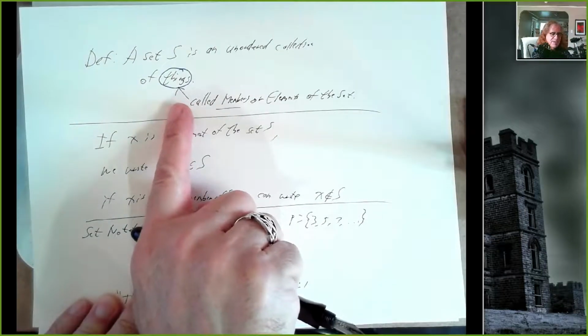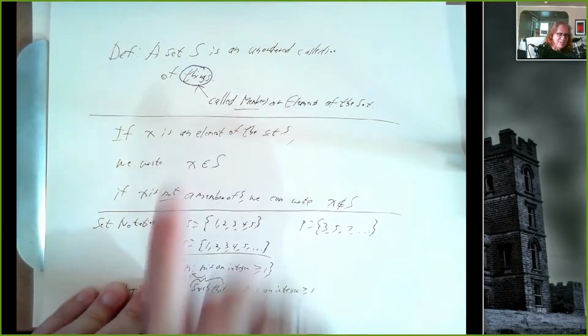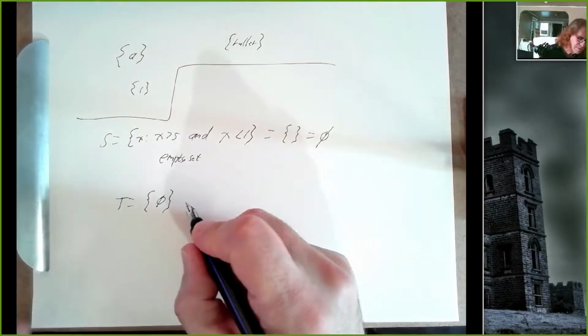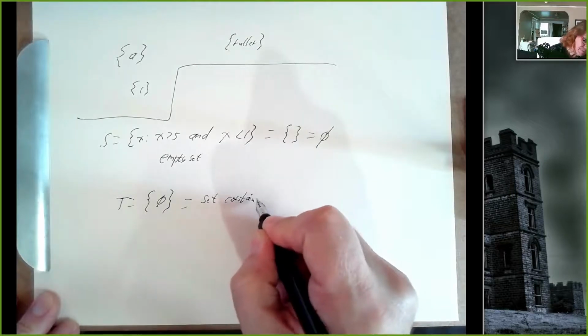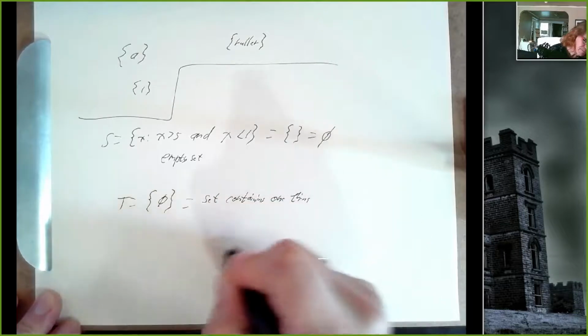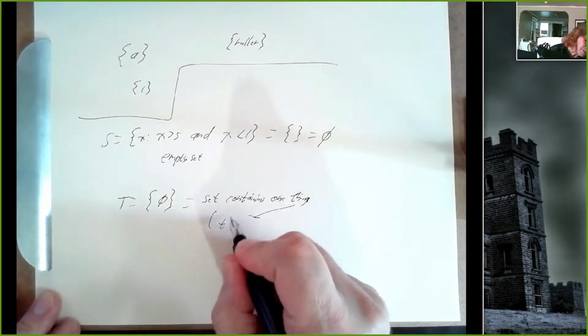Well, the empty set is a thing, so I should be able to have a set consisting of that one thing, which is the empty set. That's a perfectly valid set. That's completely well defined. So this is the set containing one thing, where the thing is the empty set.